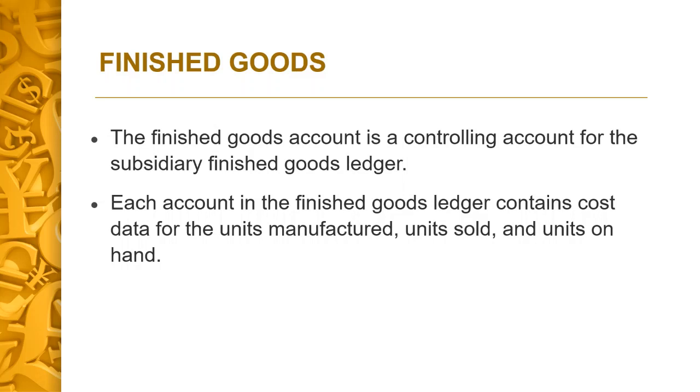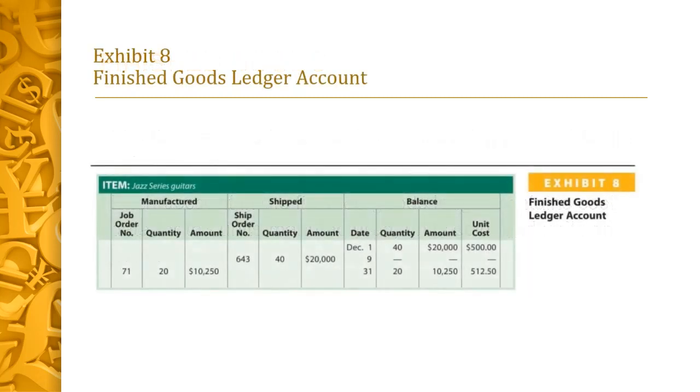Let's talk about the finished goods. The finished goods account is a controlling account for the subsidiary finished goods ledger or stock ledger. Each account in the finished goods ledger contains cost data for the units manufactured, units sold, and units on hand. Exhibit 8 illustrates the finished goods ledger account for Legend Guitars Jazz Series guitars.